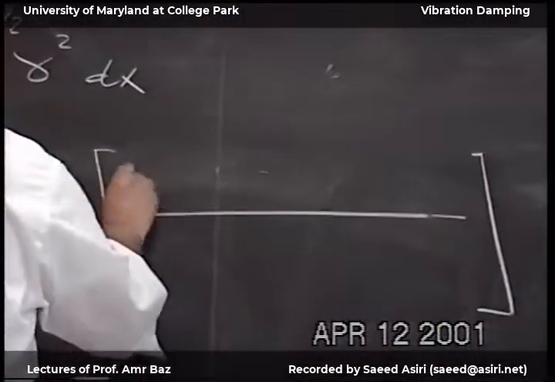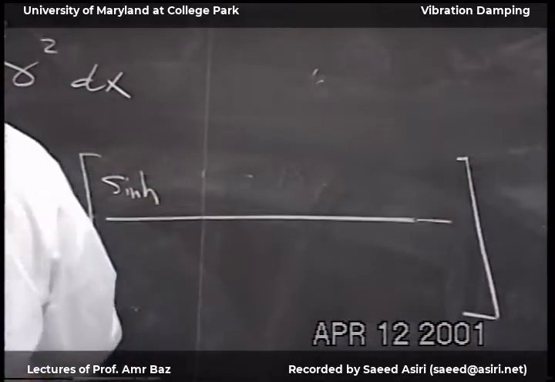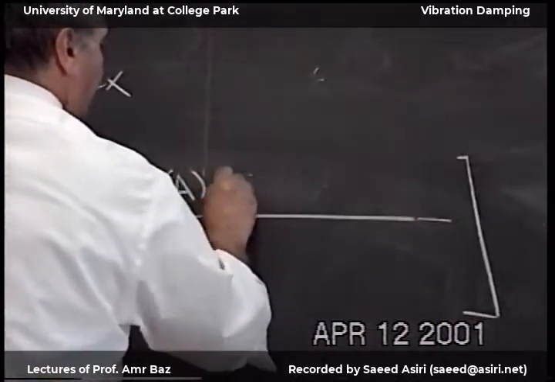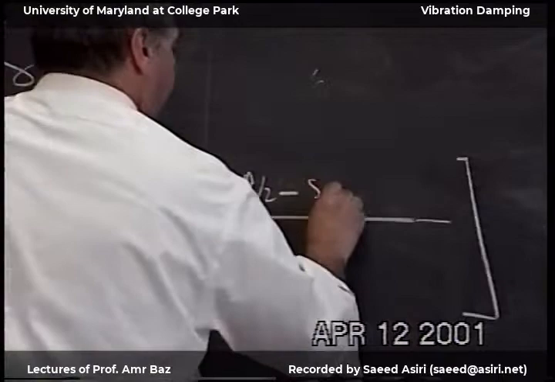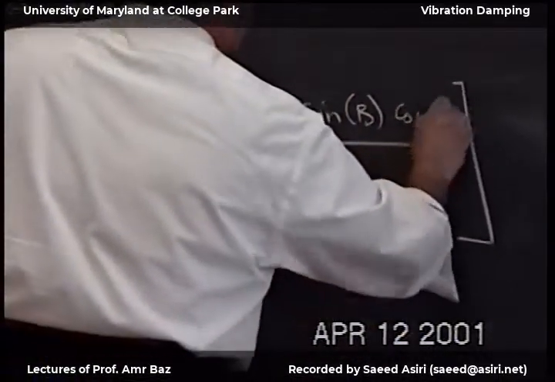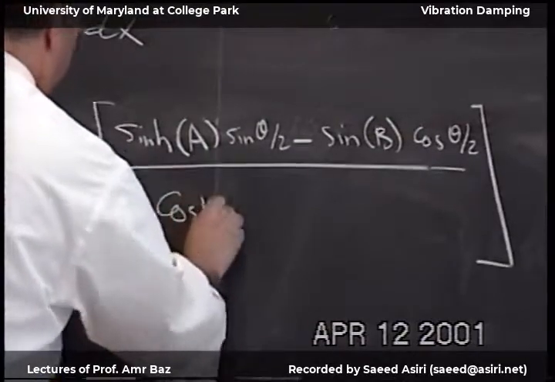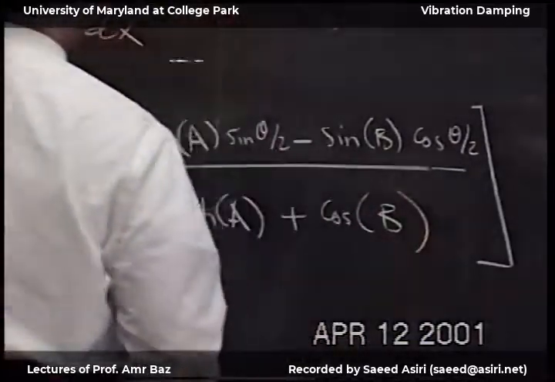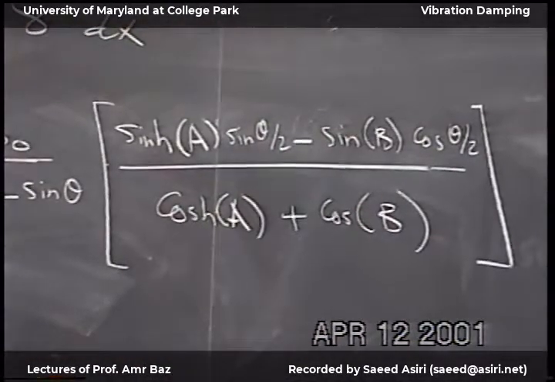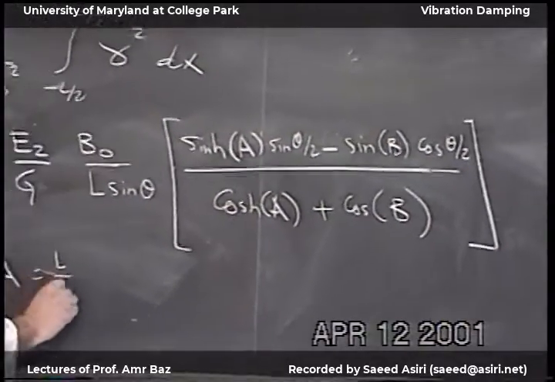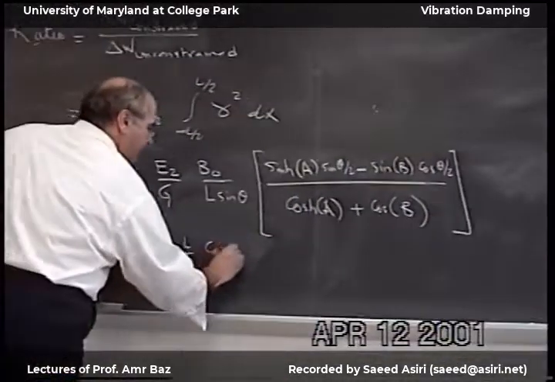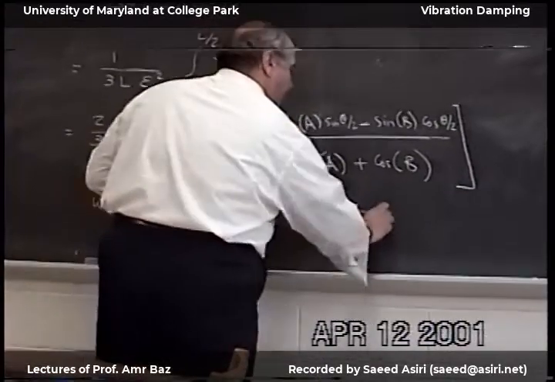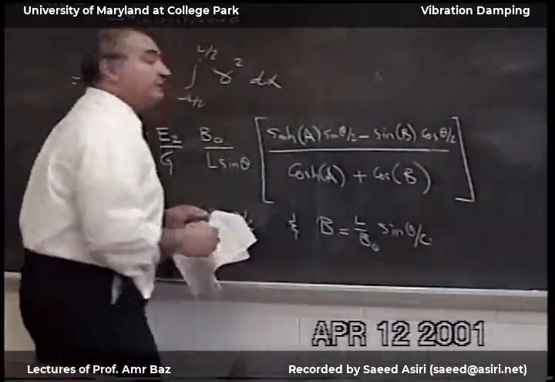and then this big expression: sinh of L over B0 sine theta over 2 minus sine B cosine theta over 2, cosine A cosine B. Again, the A and B are the same as we had before.